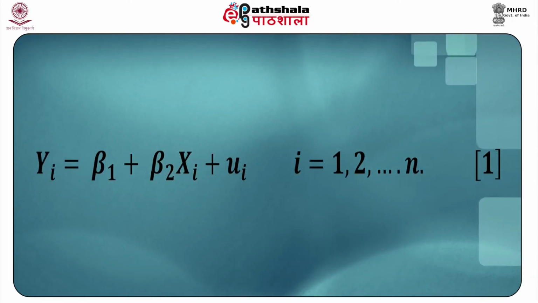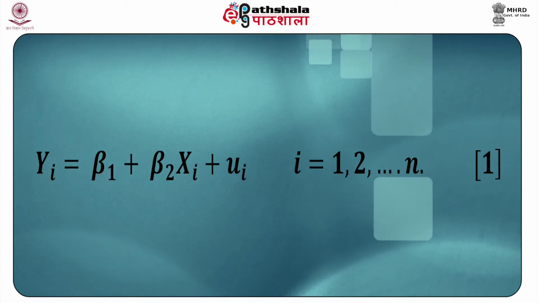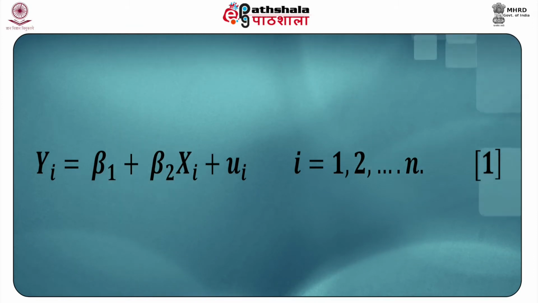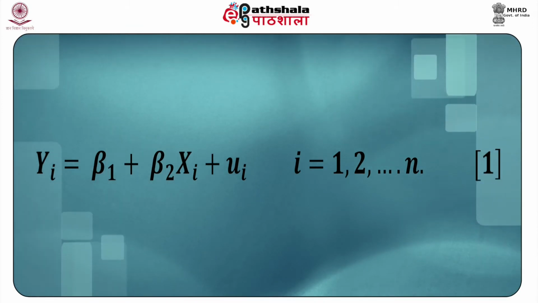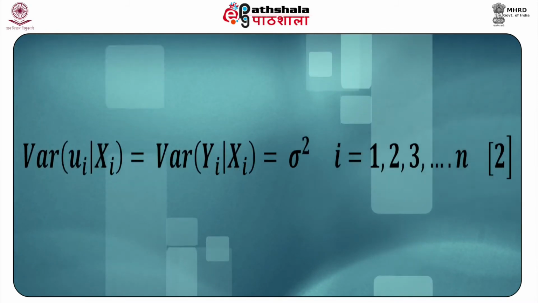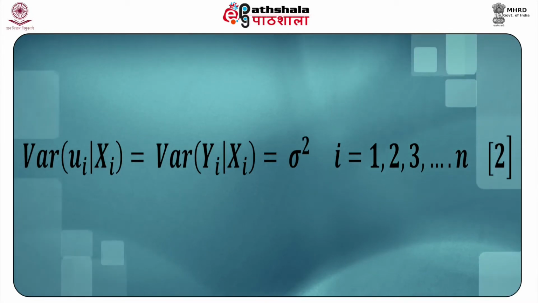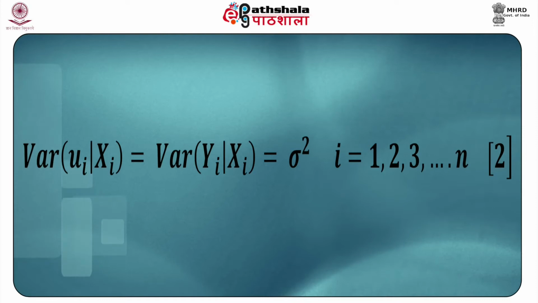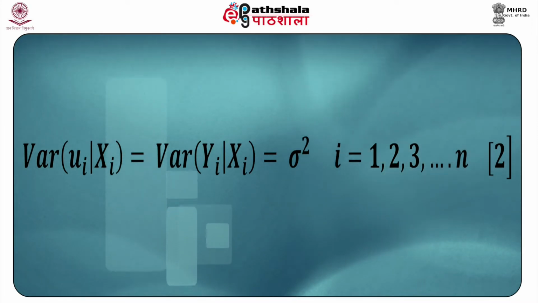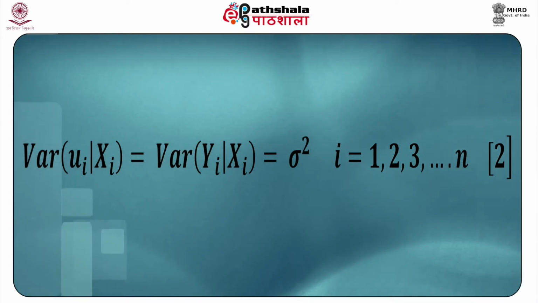For a 2-variable population regression function, which is denoted as yi is equal to beta 1 plus beta 2 xi plus mu i, where i is from 1 to n, this is our equation number 1. Symbolically, homoscedasticity implies that variance of mu i given xi is equal to variance of yi given xi is equal to sigma square, where i is equal to 1, 2, 3 to n.